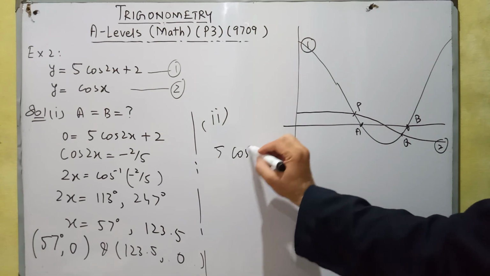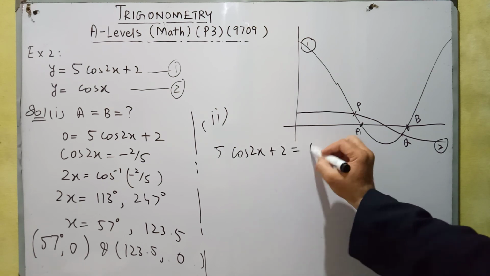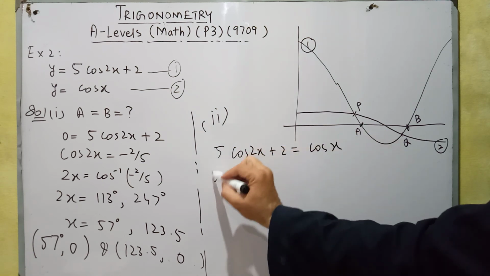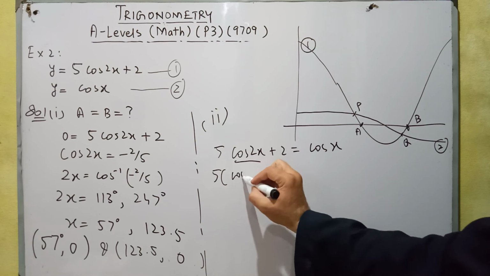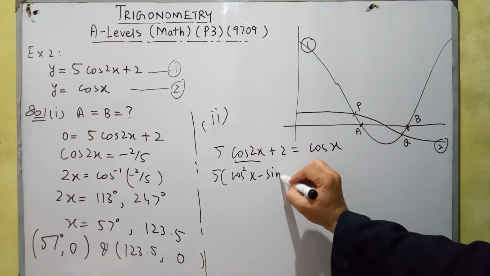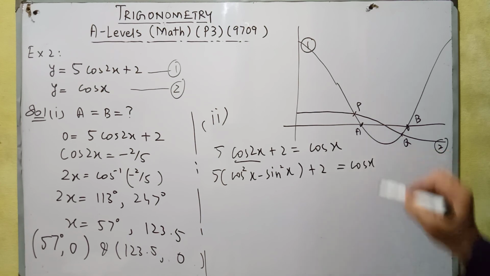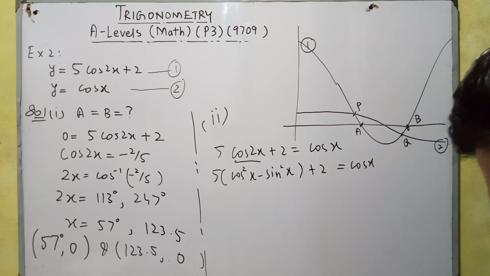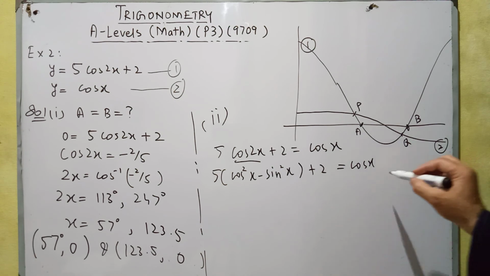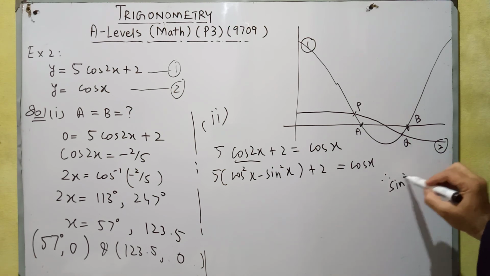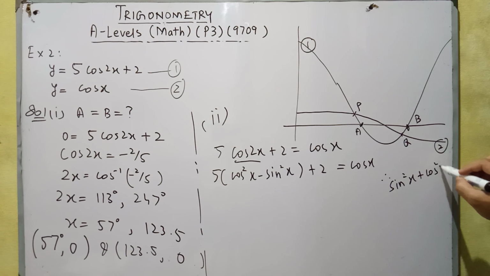5 cos 2x plus 2 will be equal to cos x, and we know that cos 2x is equal to cos square x minus sin square x, plus 2 is equal to cos of x. And we also know that sin square x plus cos square x is always equal to 1.